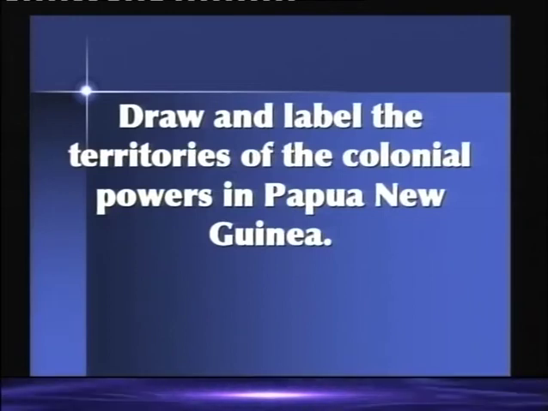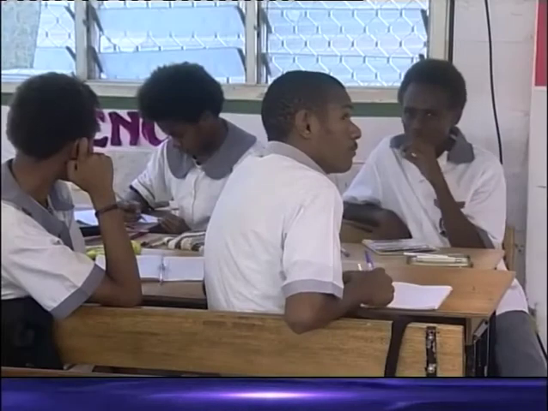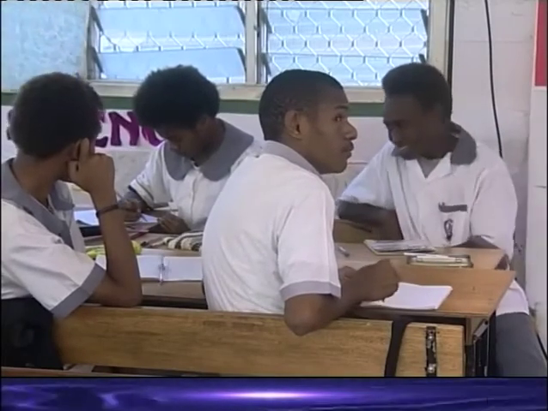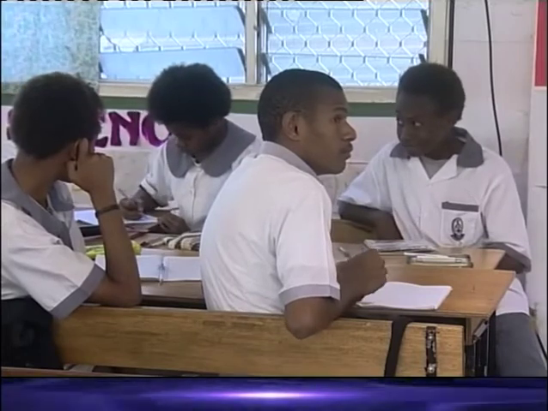So remember, Papua was a territory of its own. New Guinea was a territory of its own. So you can shade in or color in or maybe draw the territories and then maybe label the event or the year in which it was governed by which country.